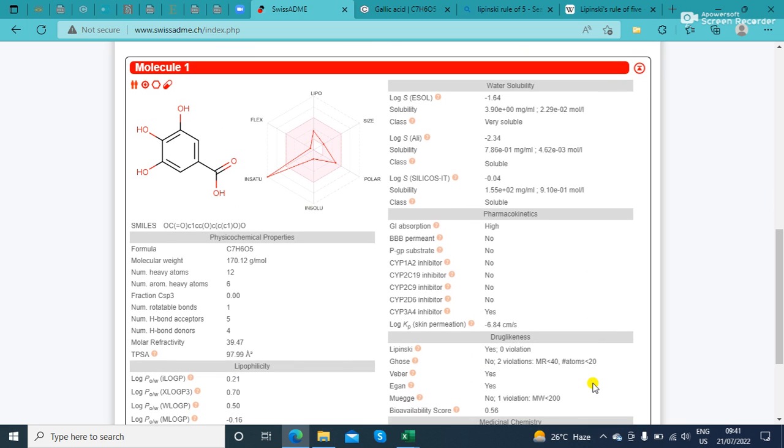It's from this result that we will apply that Lipinski's rule of five.